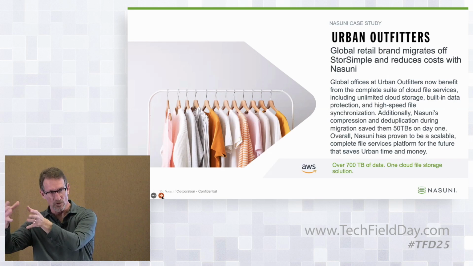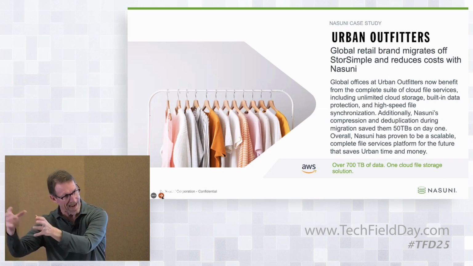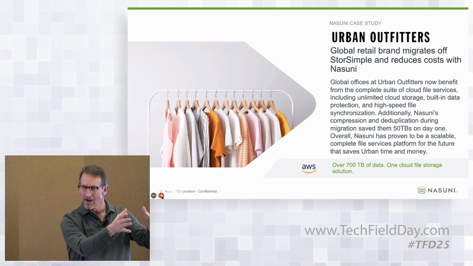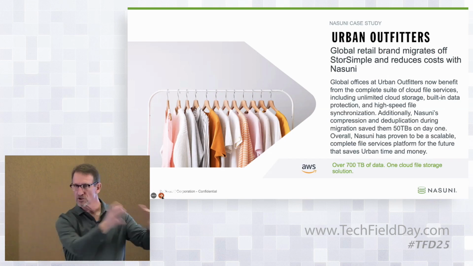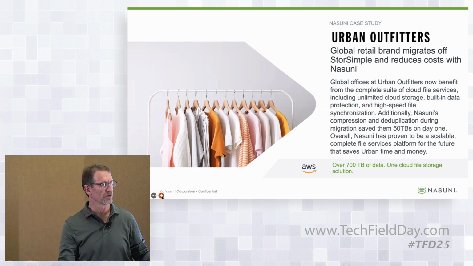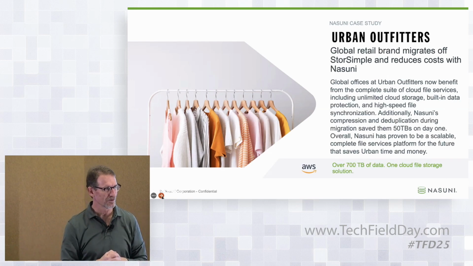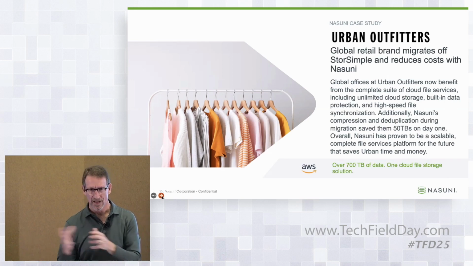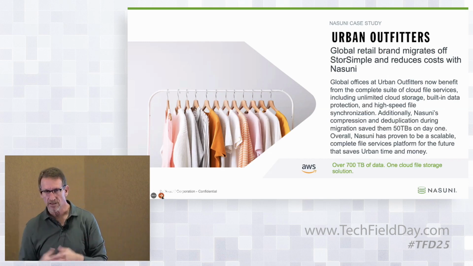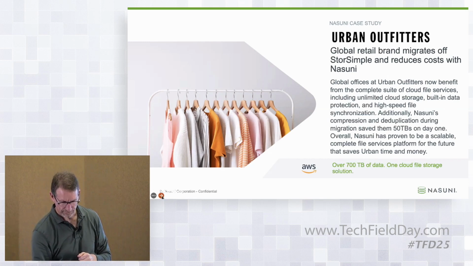So in the background, we worked with them to move 700 terabytes and all the versions of their file system from one cloud provider to the other. No interruption to their users at all. Completely anonymous, I guess, to their user base. And that's an indication of what we bring from a multi-cloud value proposition perspective.